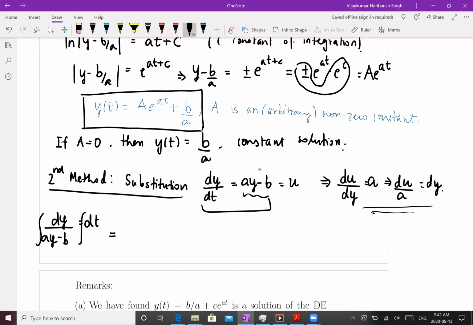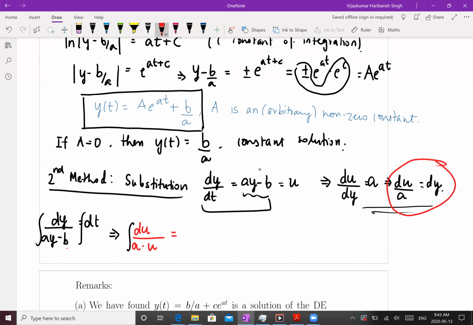So this implies, the integral on the other side is going to be, so dy will turn into what? Dy will turn into du by a from here. So du by a, and the bottom, ay minus b, turns into u.